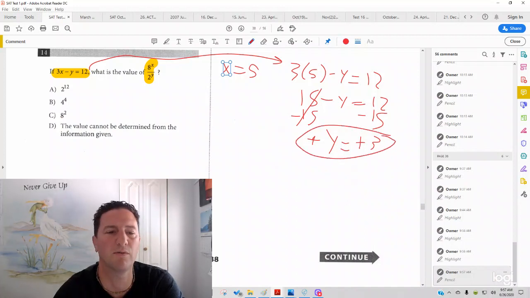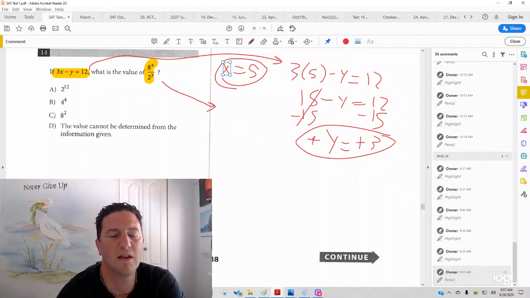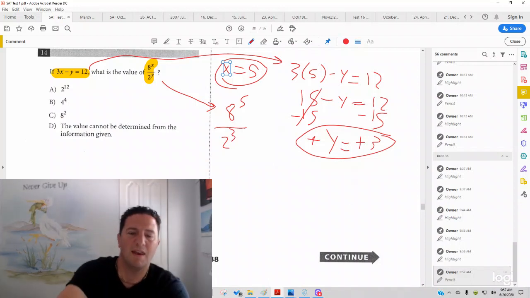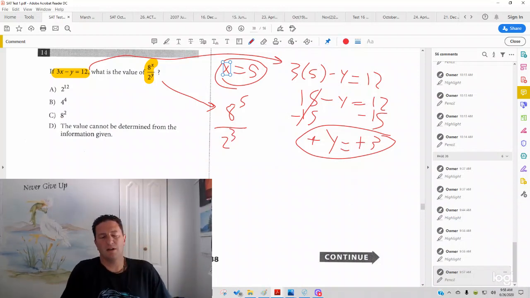Positive y equals positive 3. So, since my x equals 5 and my y equals 3, now what I could do is write 8 to the 5th over 2 to the 3rd. And now what I've got to figure out is which of these answer choices is correct.